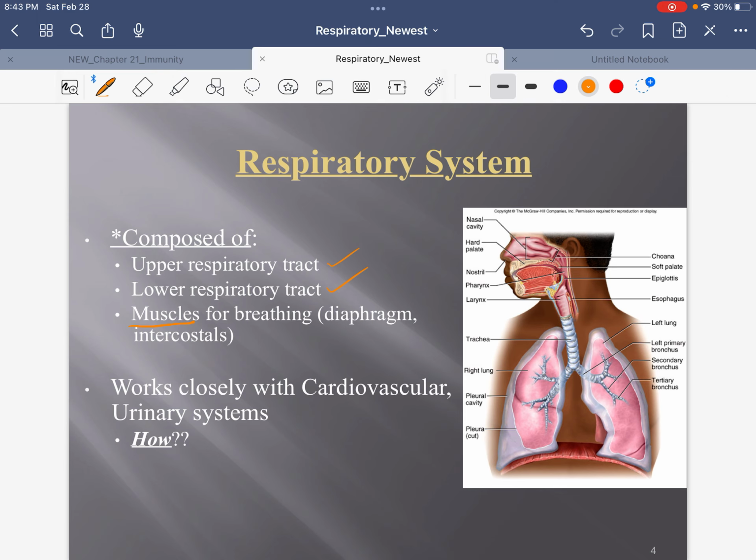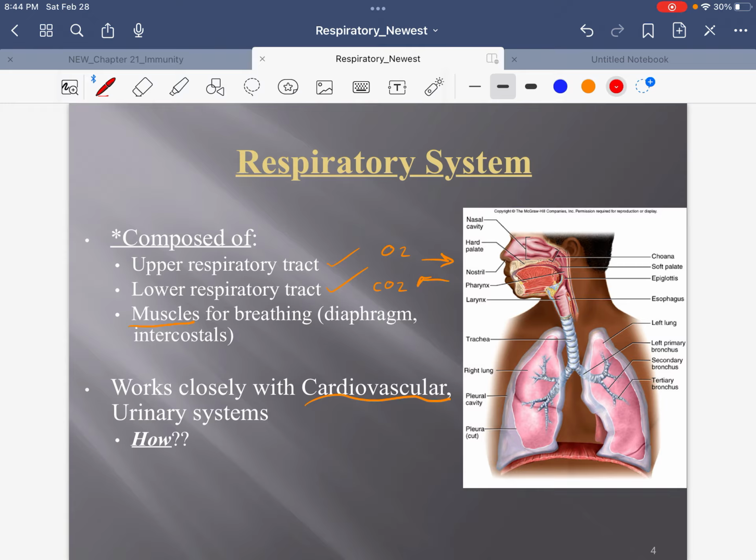What are the muscles that are going to expand our thorax and ribs and then help them contract a little when we breathe out? We already know how this system works with the cardiovascular. The respiratory system is what's going to exchange gases. It's going to bring in oxygen and allow us to breathe out CO2.